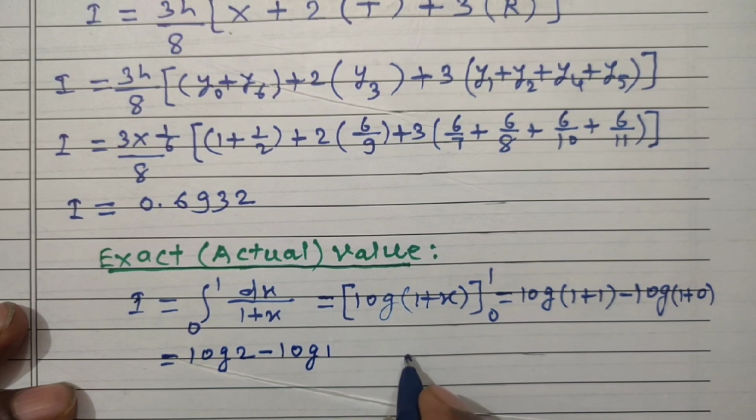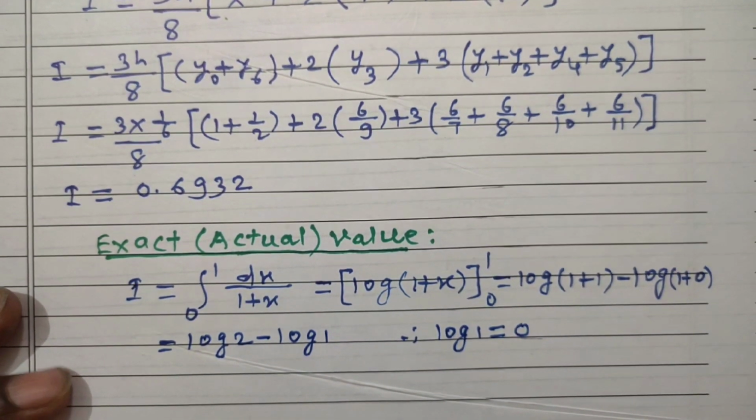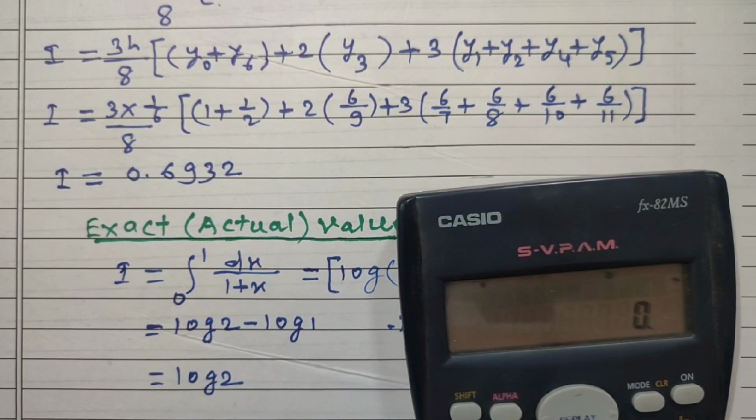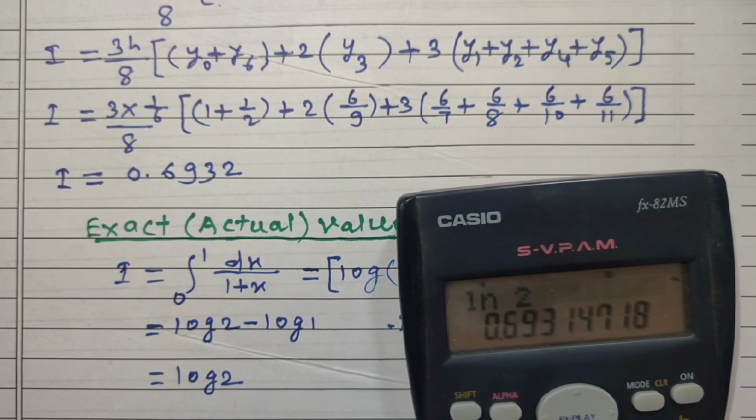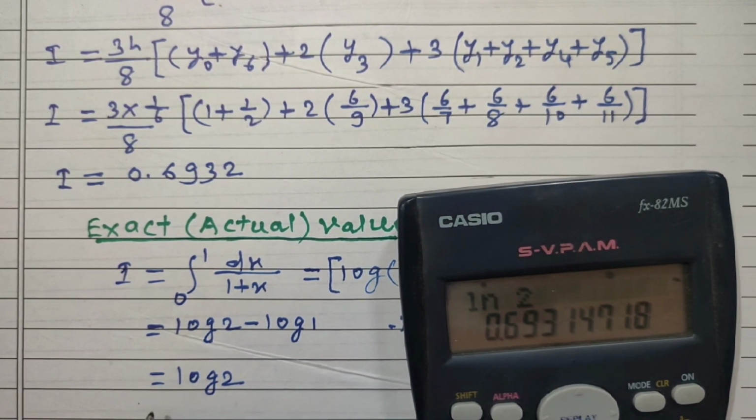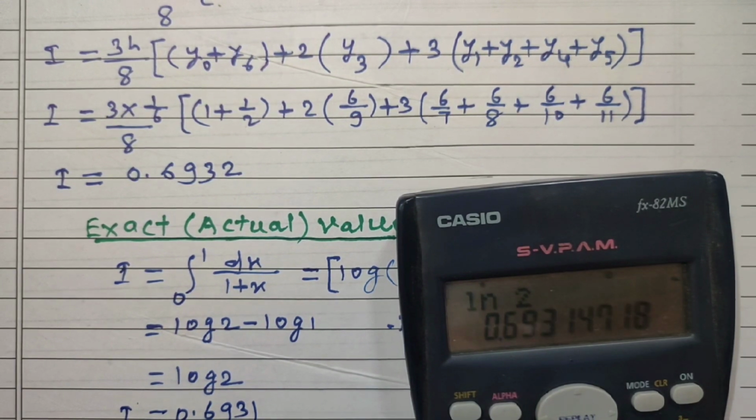But we know the logarithm of 1 is 0. Hence I is equal to log 2, the natural logarithm of 2, which is equal to 0.6931. This is the actual value of I. Let us solve the next sum.